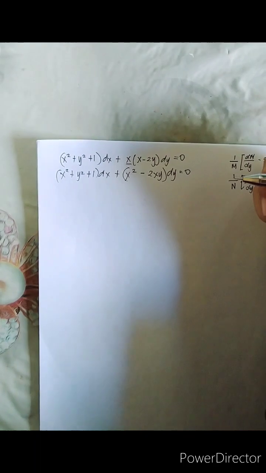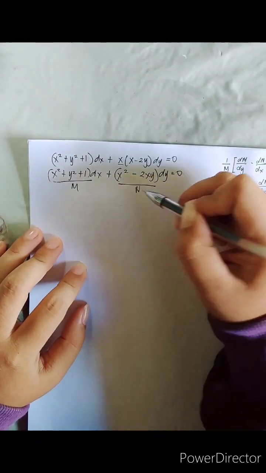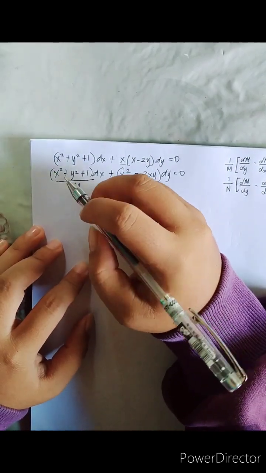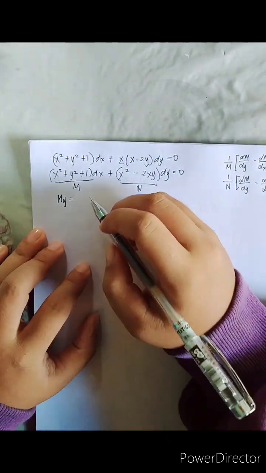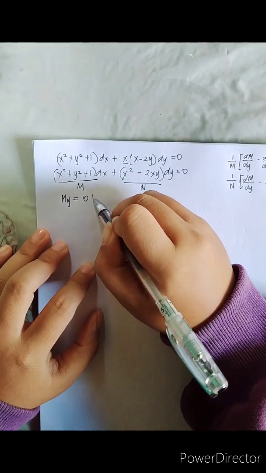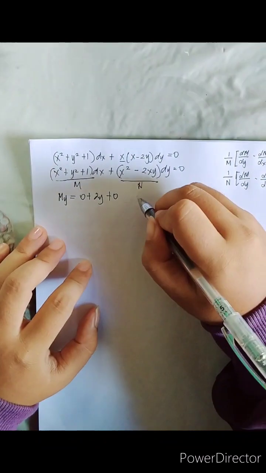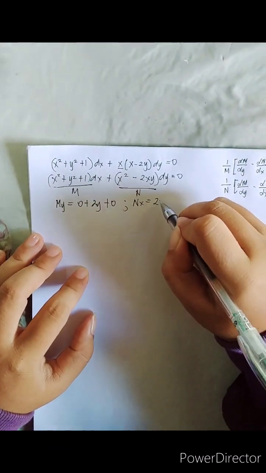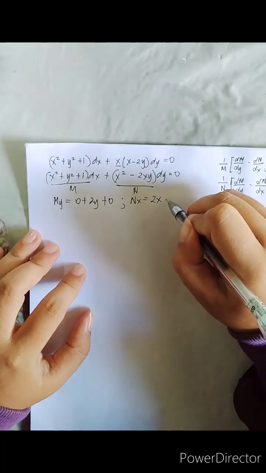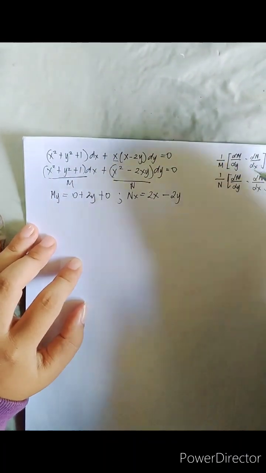Then get the partial derivative of M and the partial derivative of N. This will be My is equal to 0 plus 2y plus 0. Our Nx is equal to 2x minus 2y.